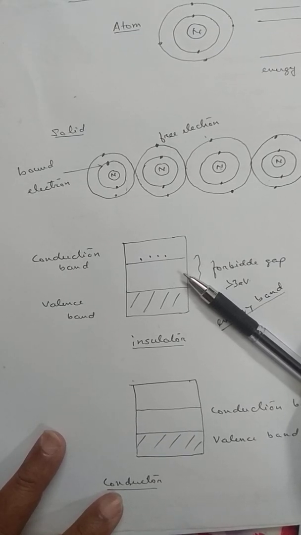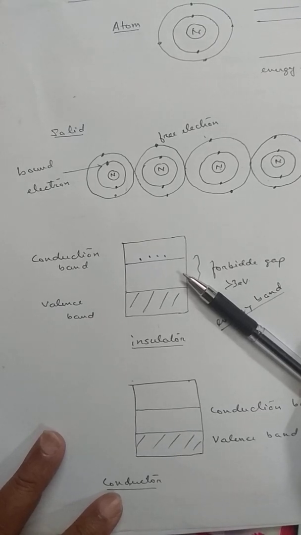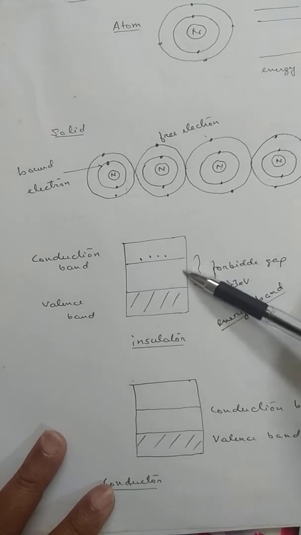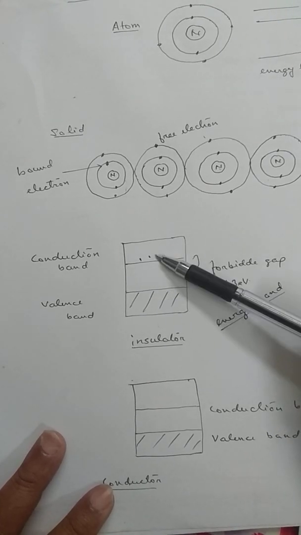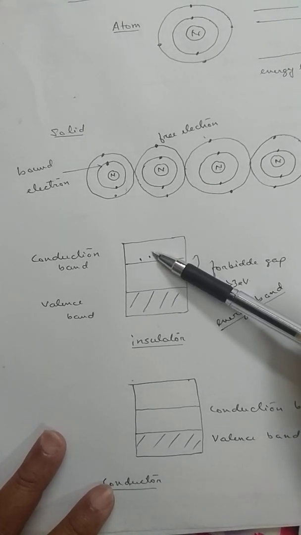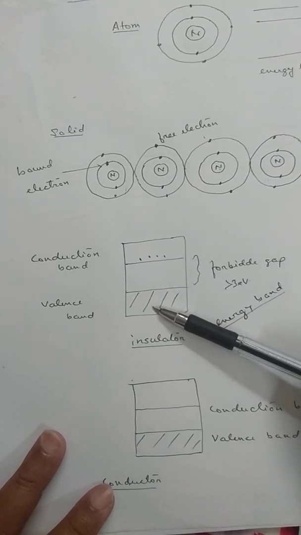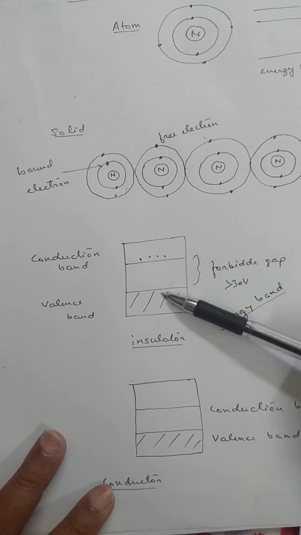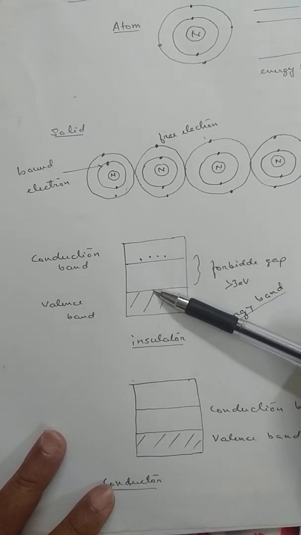And through conductors, heat and current can easily conduct. Yes or no? So in an insulator, what happens? The conduction band is completely empty and the valence band is completely filled up. The gap between the conduction band and the valence band is very large. It is of the order of 6 to 7 electron volt.